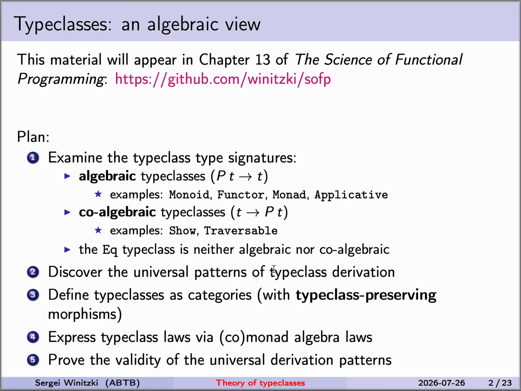In other words, if you begin with types that have a type class evidence that satisfies the laws, and you derive new type class instance, then that new instance will automatically satisfy the laws. There is no need to prove that the laws are satisfied. So this is the plan. So the usefulness of this theory is in showing that there are type class derivation patterns that automatically satisfy type class laws. That is, I believe, the real usefulness from the point of view of a functional programmer.